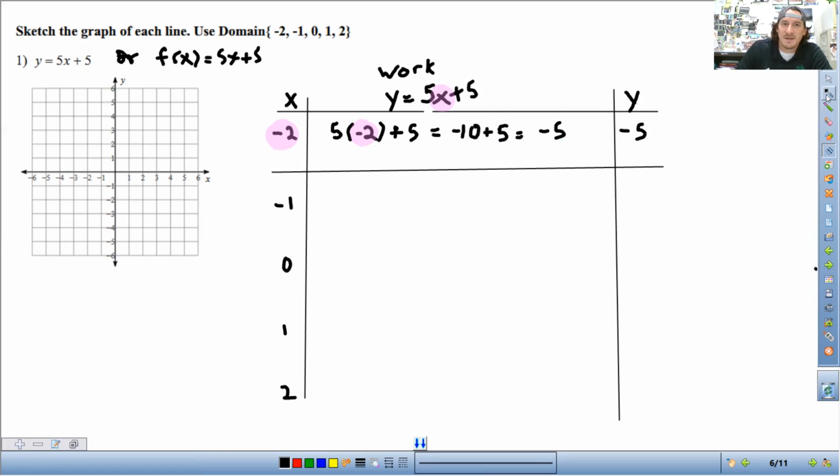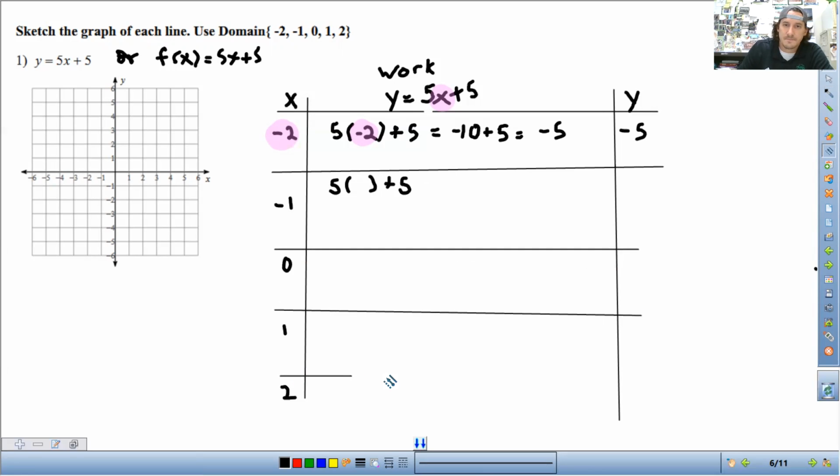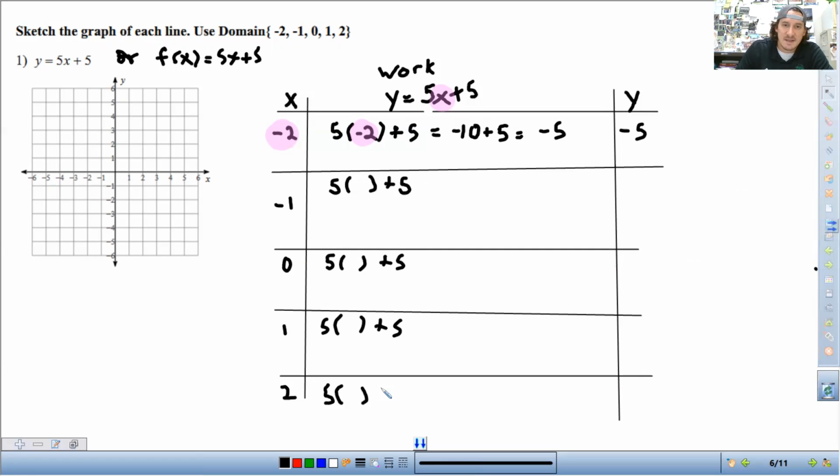I'm going to streamline this a little bit. I'm going to write the function 5 times x plus 5. Organize the table a little bit. Five times x plus 5, 5 times x plus 5, 5 times x plus 5, and then I'm going to input each x value into the open parentheses.